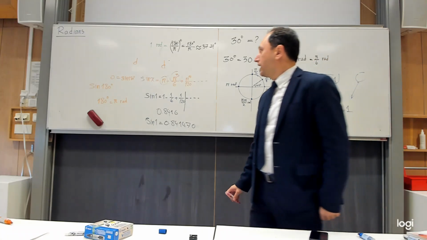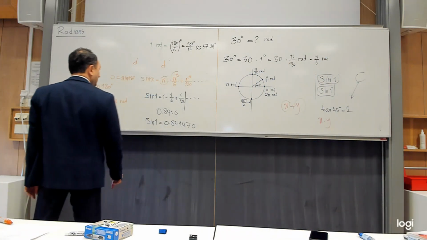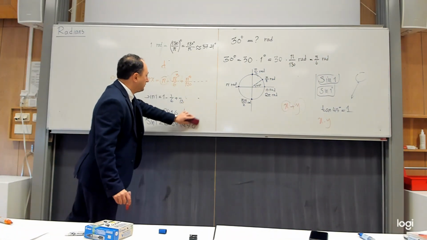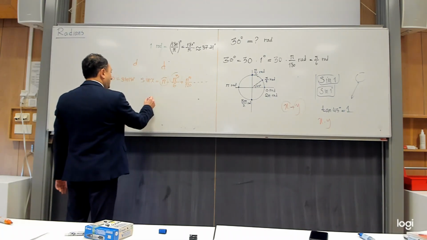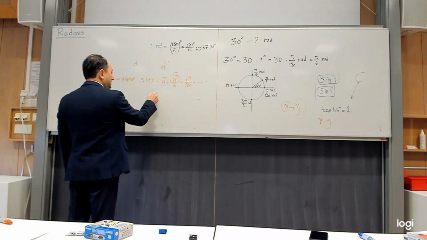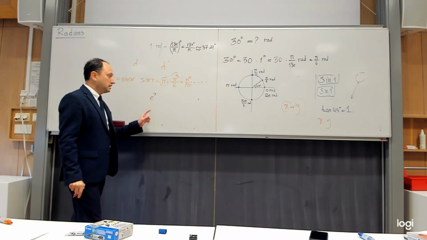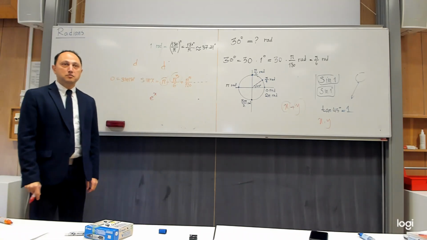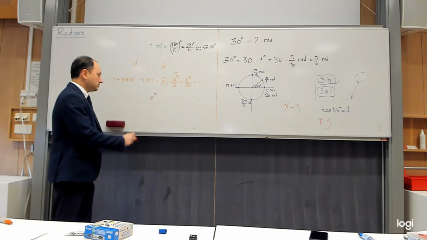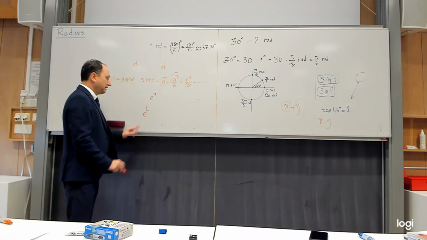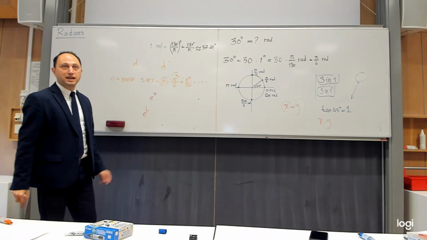And whatever you have, it should be dimensionless. For example, do you remember e? If I write e to the power of x, this cannot be a number with a dimension on top. I cannot write e to the power of L, where L is the length of this table.